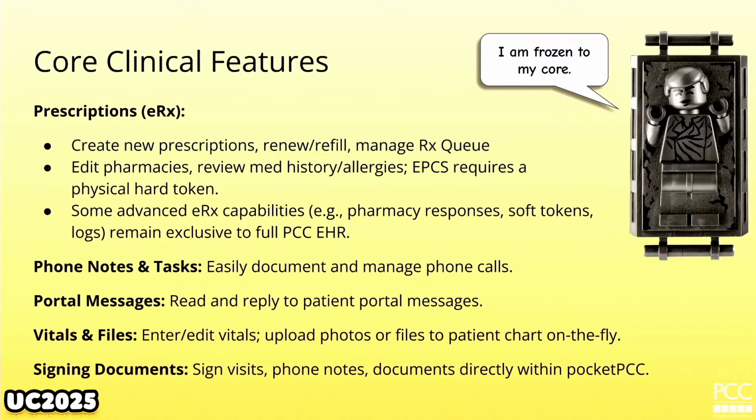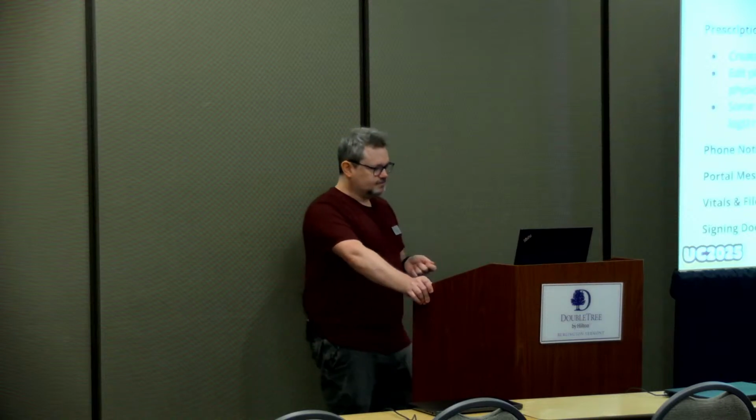If any of you attended talks that Morgan gave about PocketPCC and ERX, the soft token thing was really interesting. From the Surescripts end of things and beyond, we can't let you use that same phone that you're prescribing from as your soft token. So you really do have to use a hard token if you're going to use EPCS as your second factor of authentication.